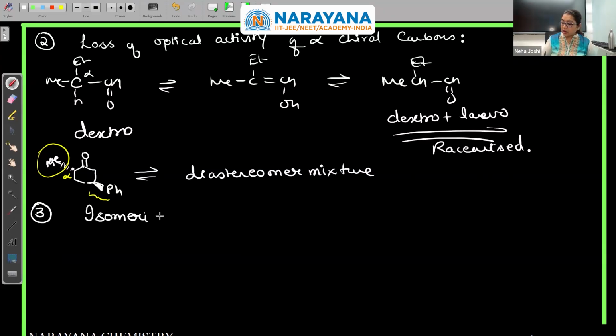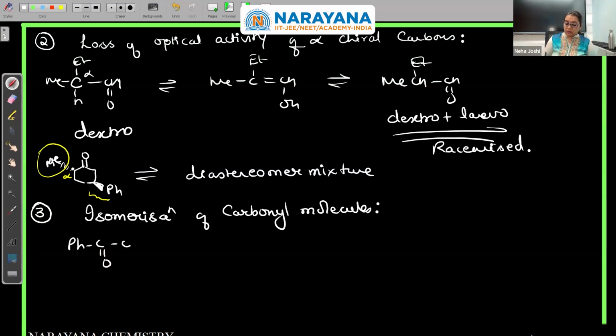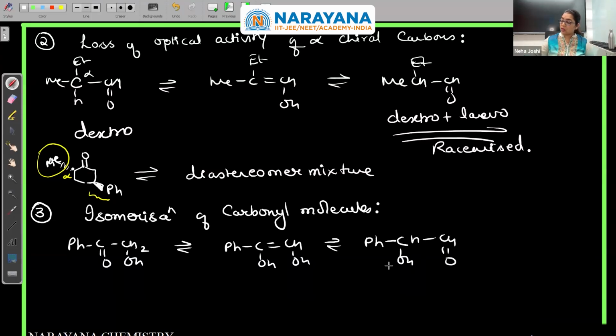Next is the isomerization of carbonyl molecules. What I want to say, like CHO, CH2OH, now it forms an enol, double bond CHOH. It can go to another form with COH and CHO. See, they are all different functional groups.